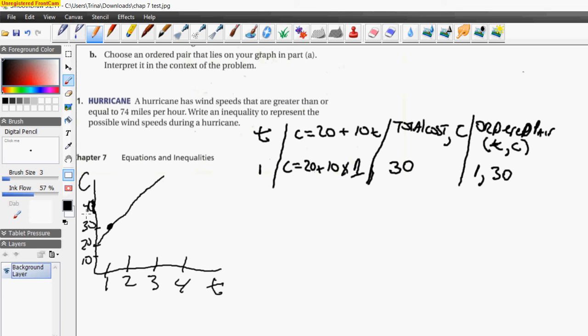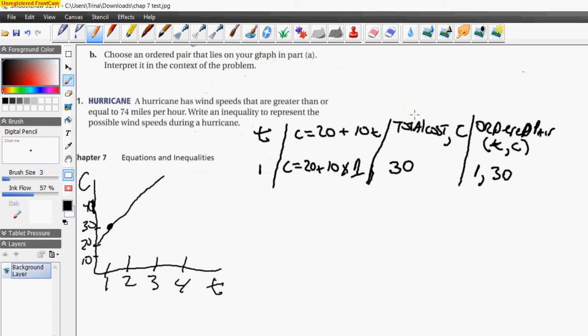So as we can see, at one t-shirt, the cost is $30. Remember, the total cost is $30 because we've got the equation: cost equals $20 plus $10 for the t-shirt, this is the shipping cost, of course, times 1 t-shirt is $30.